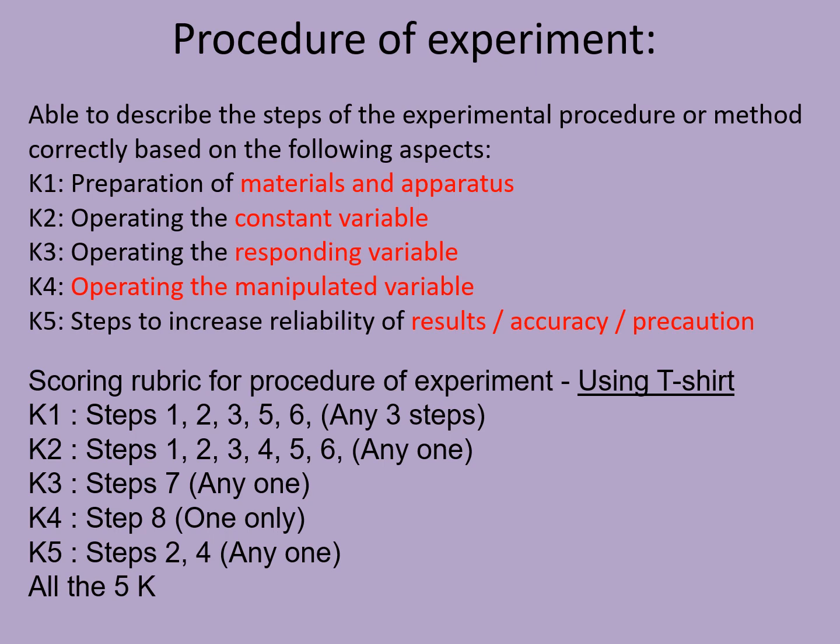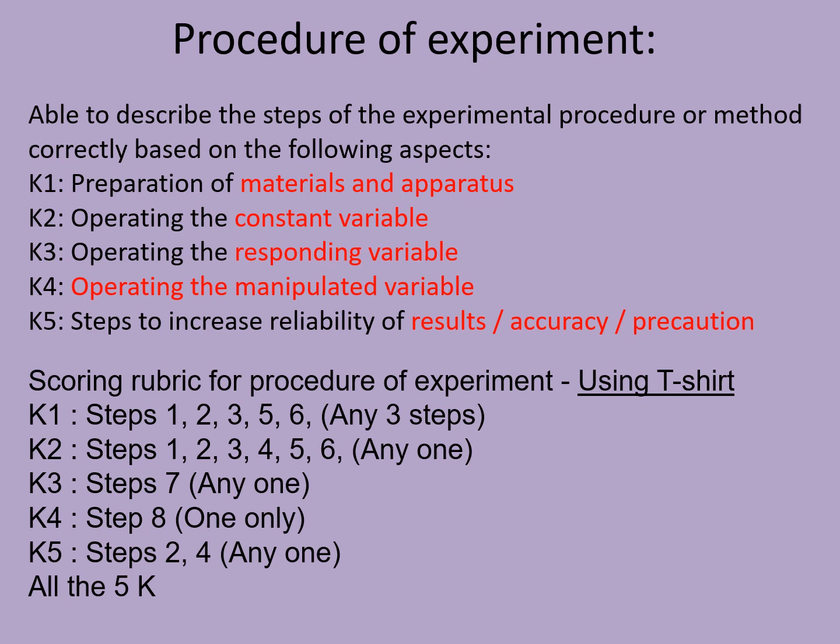This is the rubric for procedure of experiments, based on the experiment using t-shirts. Later on we will see the procedure. For K1, only 3 steps are enough, counted as K1.